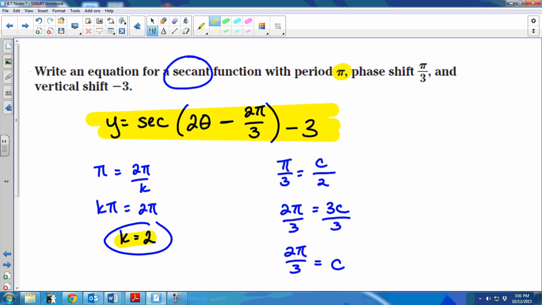And then pi over 3 equals c over k, which was 2, so we included that right here. So we cross multiply, we get 2 pi equals 3c. We divide by 3, and we get 2 pi over 3. So we have a minus sign here in the middle because that's what's supposed to be there in the original equation. Then we have the vertical shift of -3 at the end.